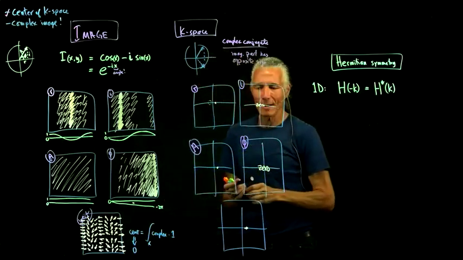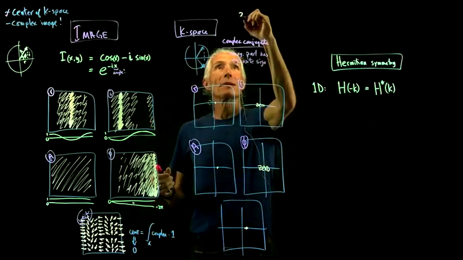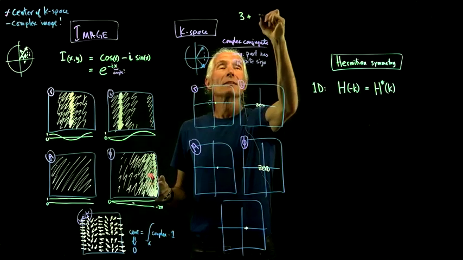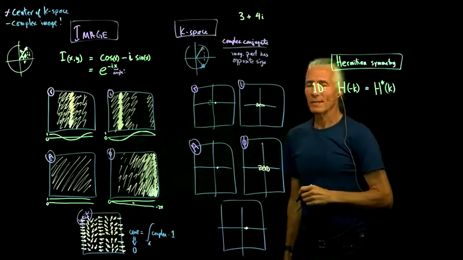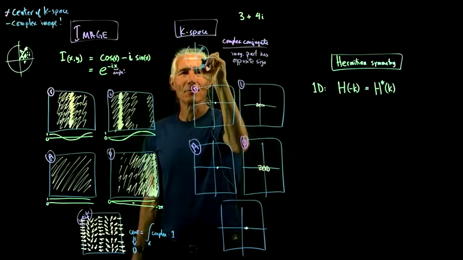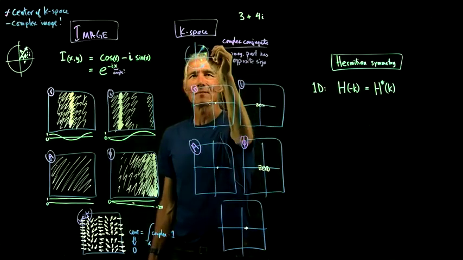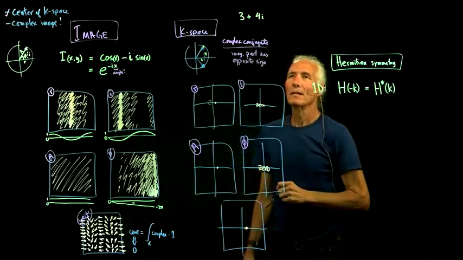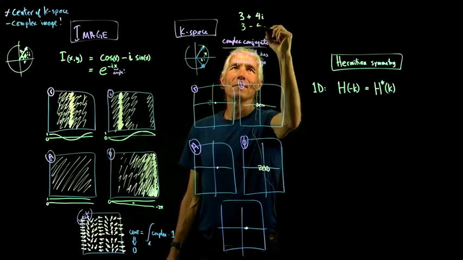What's an example? Say we have a complex number like 3 plus 4i. It's like that number right there. And the complex conjugate is just 3 minus 4i.